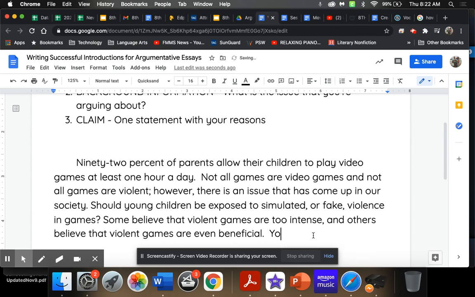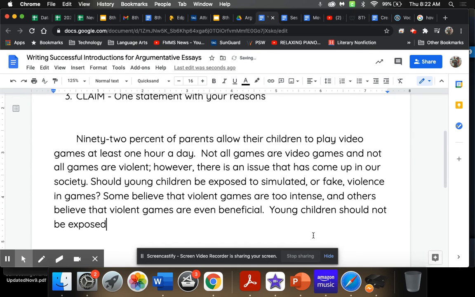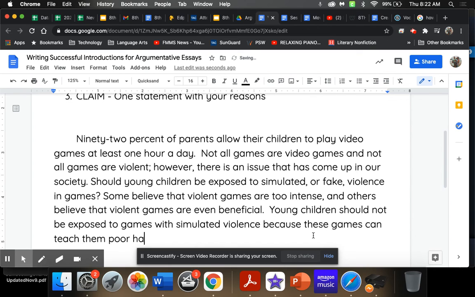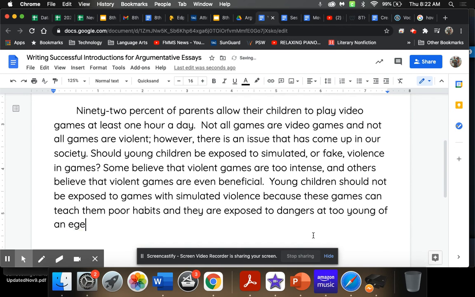So young children should not be exposed to violent games with simulated violence because these games can teach them poor habits and they are exposed to dangers at too young of an age.